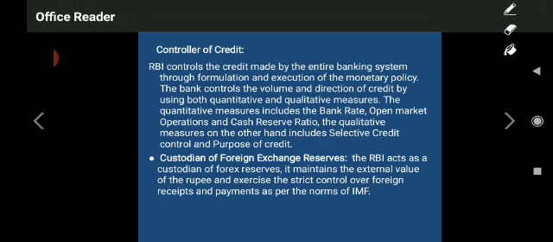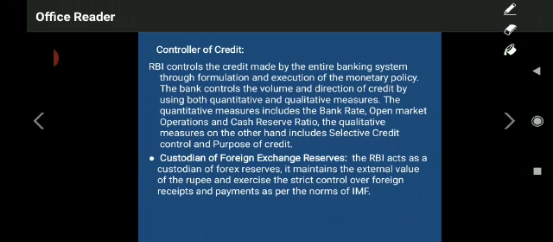The entire process of credit facilities, the credit system, is controlled by Reserve Bank of India. RBI controls the credit made by the entire banking system through formulation and execution of the monetary policy. Reserve Bank of India controls this credit system with the help of monetary policy.